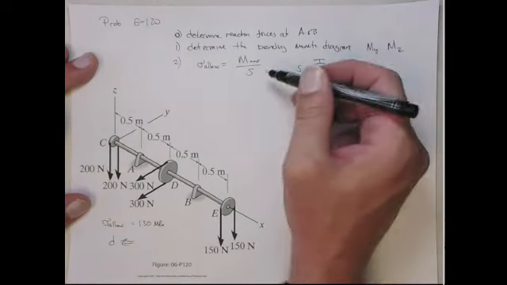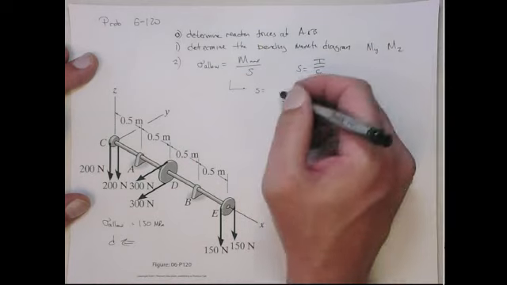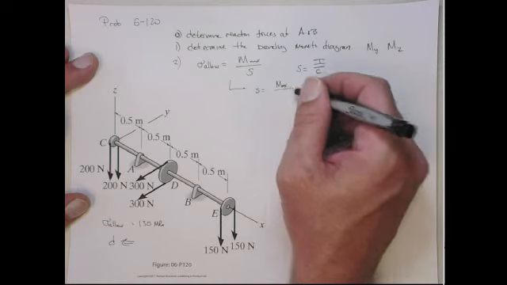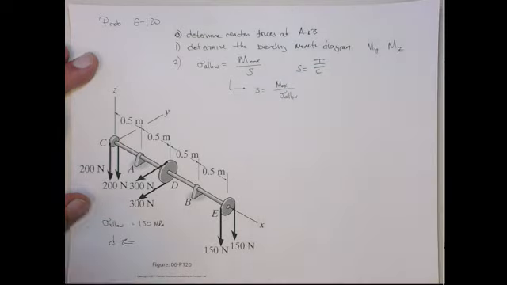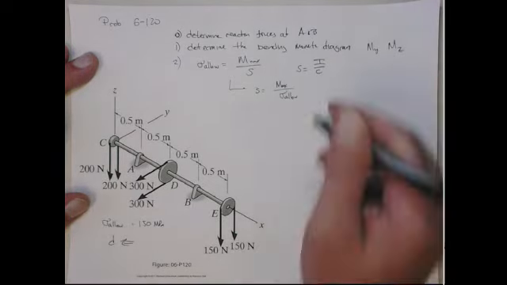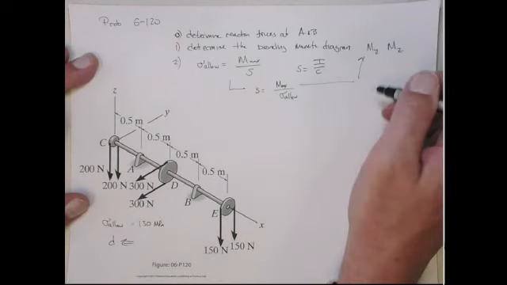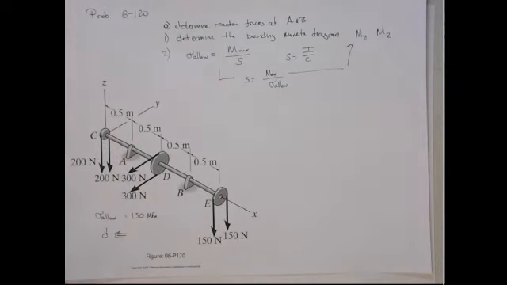So basically use this to solve for S, right? So from this we get S is going to equal the maximum bending moment divided by the allowable stress. This is the geometric shape factor. That's what's going to let us determine the diameter D. We're going to get the maximum bending moment from this step, and then sigma allowable is given. All right? So that's the basic procedure.